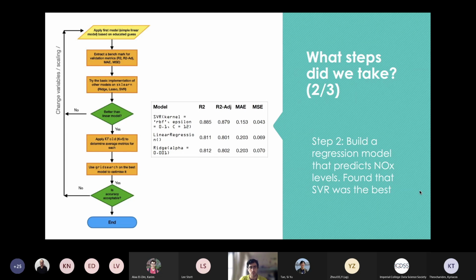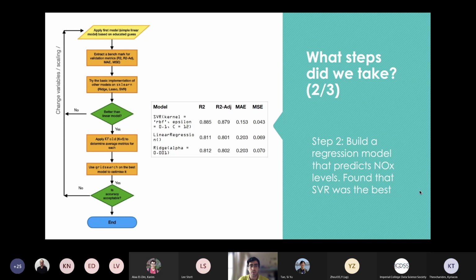for choosing the best model, which was starting with a benchmark model, like a linear regression, and then going through it, changing parameters, finding the scores, and seeing how we could improve it by changing the model or even changing parameters of the model that we're using.